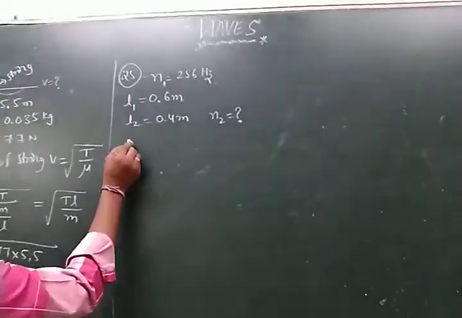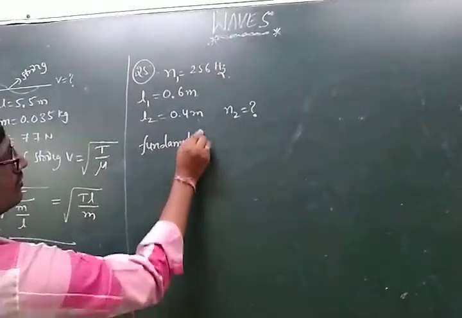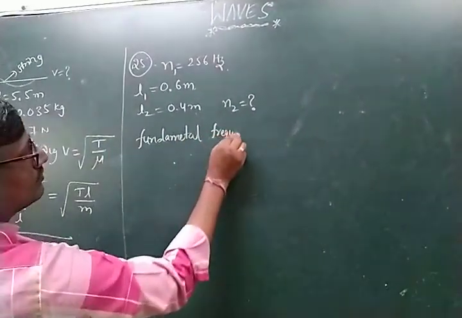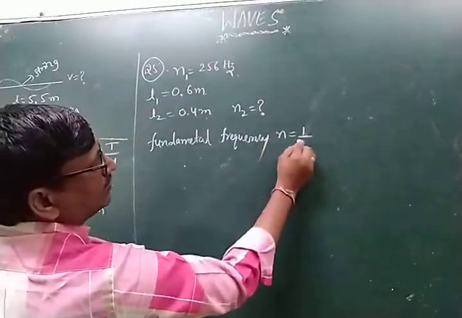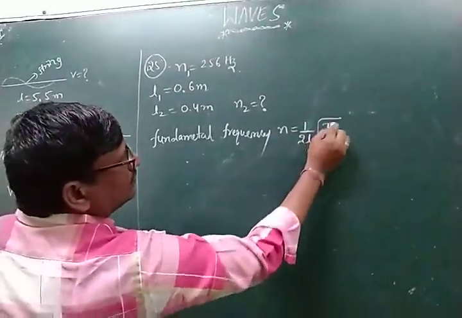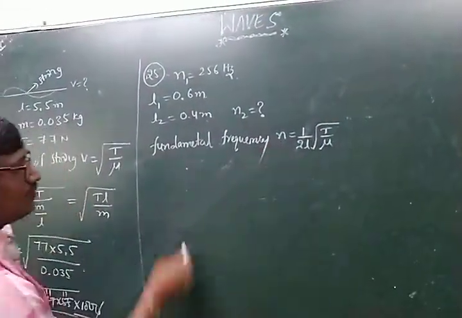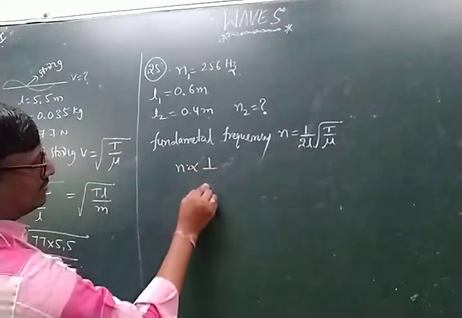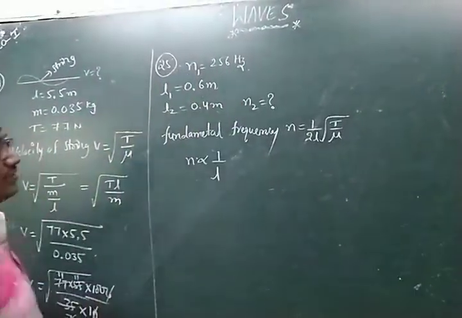See, fundamental frequency. What is the formula? N is equal to 1 by 2L under root of T by mu. See, the frequency is inversely proportional to its length. But here two lengths are given, one frequency is given, and another frequency you can find out.